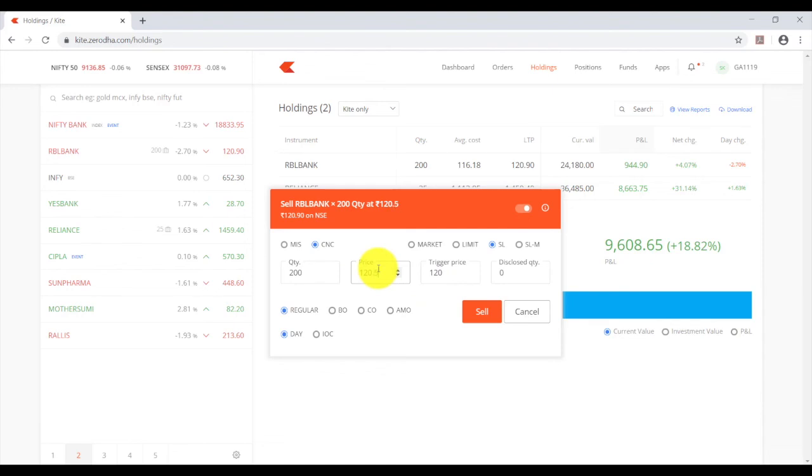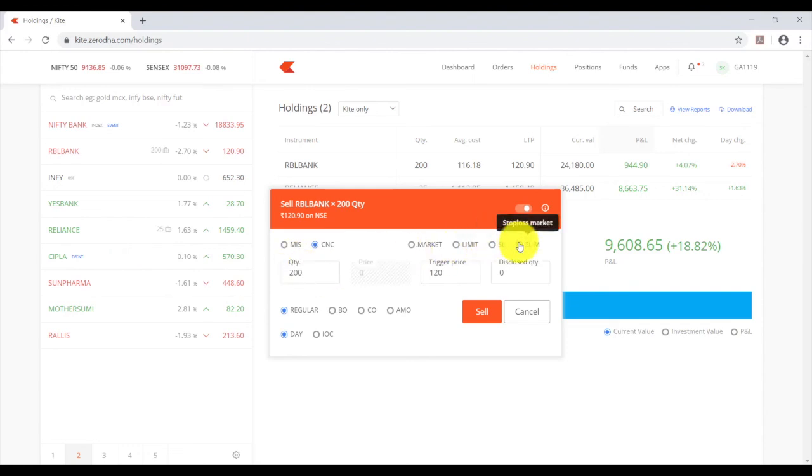As soon as the trigger price is breached, as soon as the price goes down to 120, it will place an order in the market for me to sell the 200 quantities of RBL Bank at 120.5. It will place the order itself.